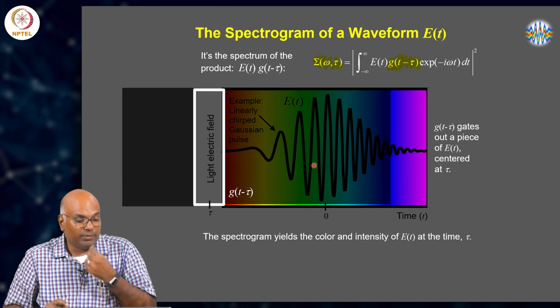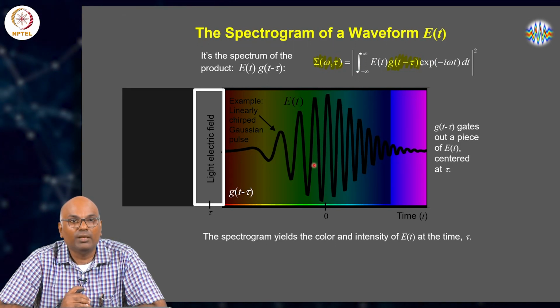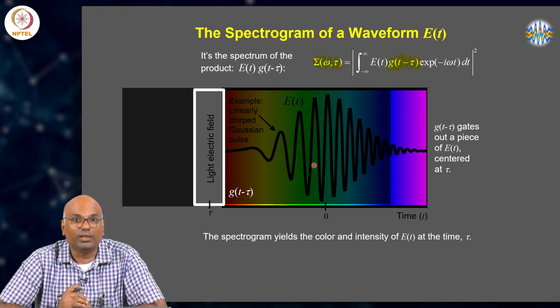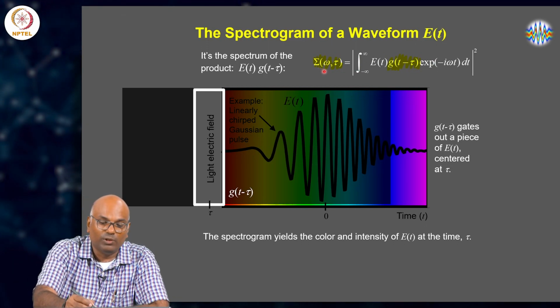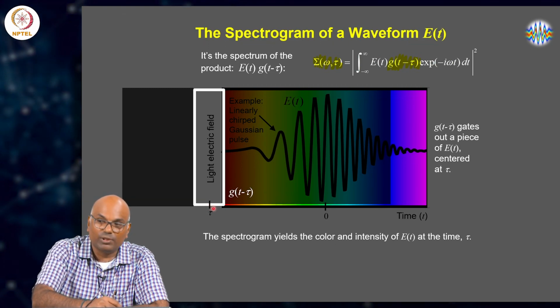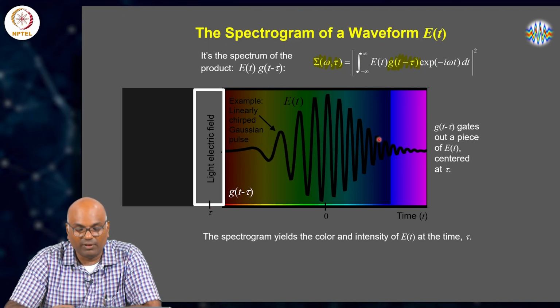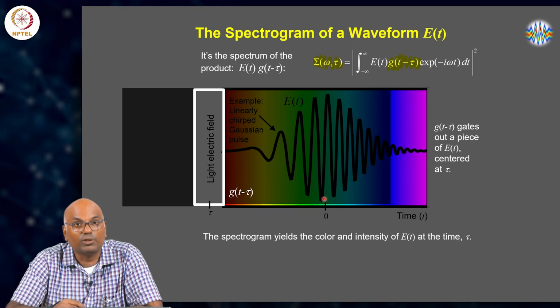The process we have at hand can be imagined to be something like this. The gate tau is being moved from whatever value of tau that I choose. Let me choose a very early value of tau. I am doing all this in a frame of reference which is moving with the group velocity of the pulse.